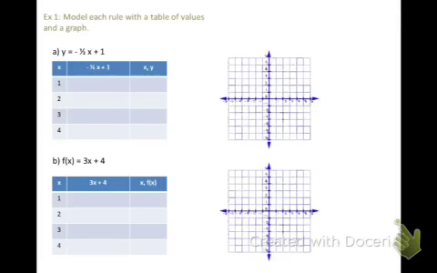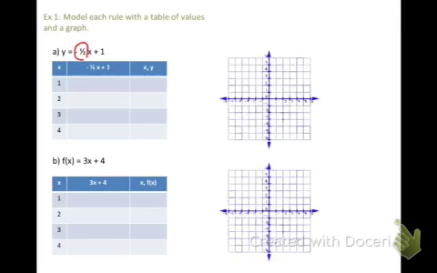So we're going to model each rule with tables of values and functions. I'm going to change example 1A a little bit. I put down 1, 2, 3, and 4 as the numbers I would like you to use when you graph. That works when you have a whole number in front of the x.